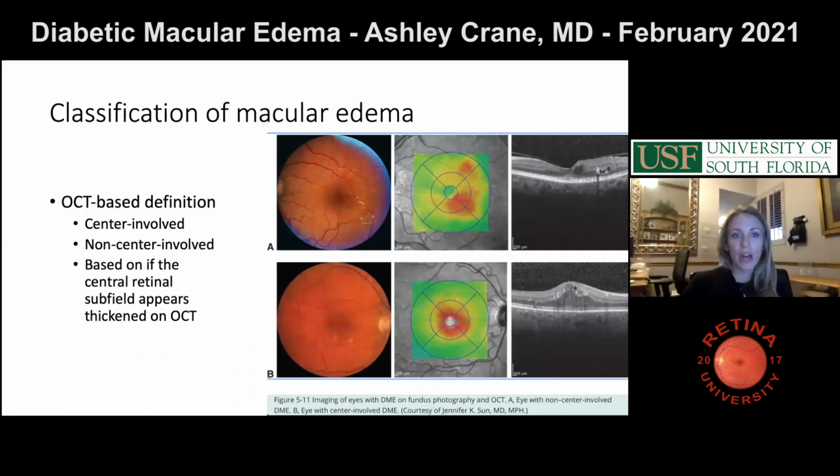Okay, so there are classifications of macular edema in BCSC. It's center involved or non-center involved, and it's based on whether the central retinal subfield appears thickened on the OCT.